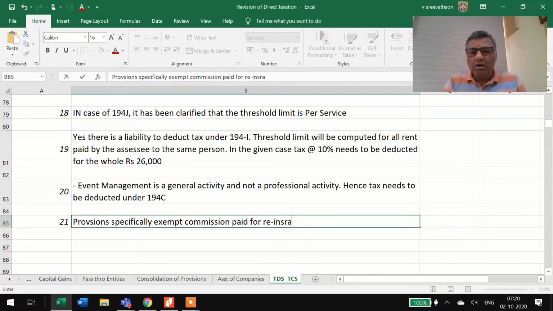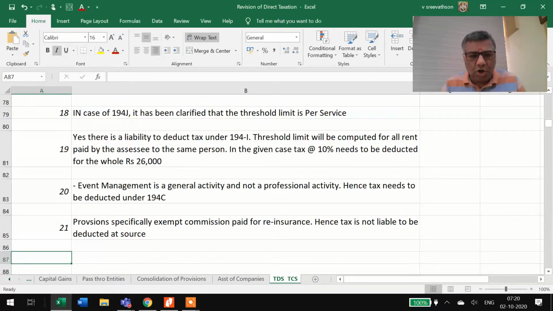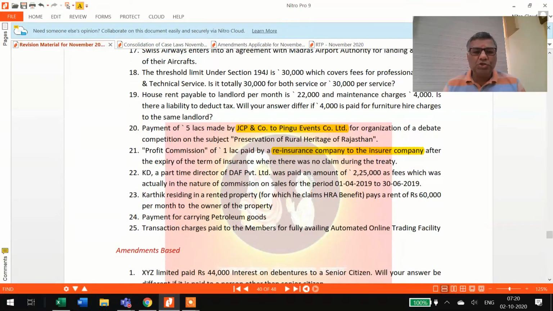So for reinsurance, you are not liable to pay. Even if there is a commission, you are not liable to. It's a specific exemption given in the law. Hence, tax is not liable to be deducted at source.